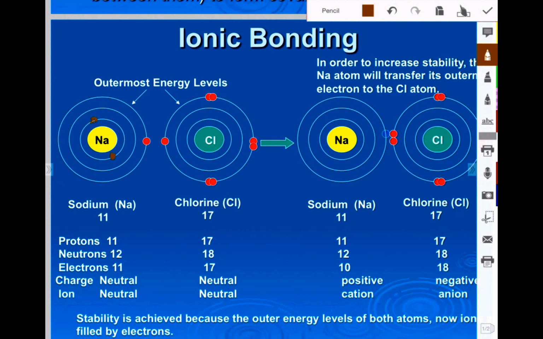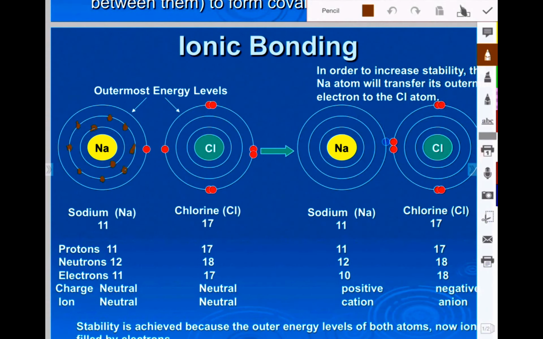The second shell has space for 8. 2, 3, 4, 5, 6, 7, 8. Now it's full. So there's a little pattern here. The first couple of shells go 2, 8, 8, 18 for the number of electrons that they can contain. And we'll just go that far to keep it simple.